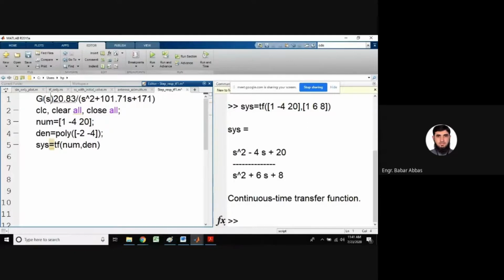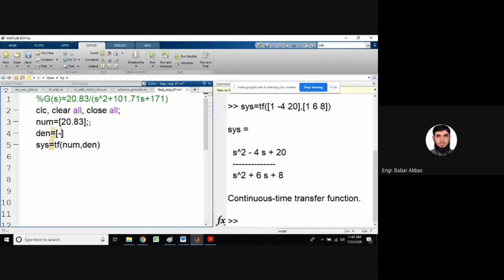G of s is equal to, and let me put a comment over here. In the numerator, the value is 20.83. The denominator will be in square brackets, because it is not in factored form, it is in polynomial form.